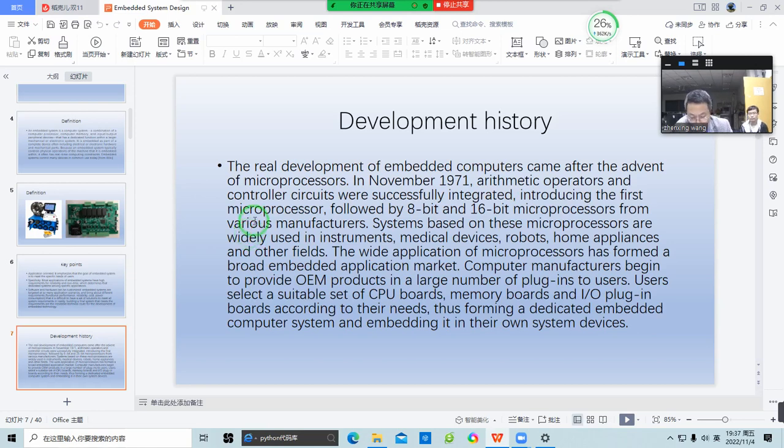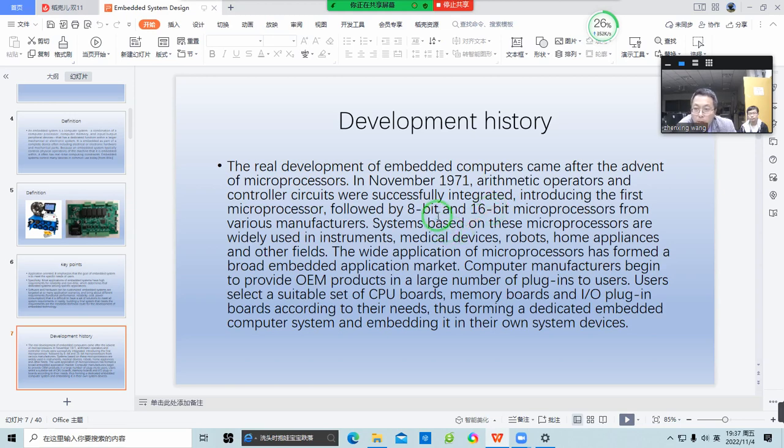Next, let's introduce the history of development. In the past, the real development of embedded computers was after the 1970s. It was a kind of 8-bit processor, later a 16-bit microprocessor.